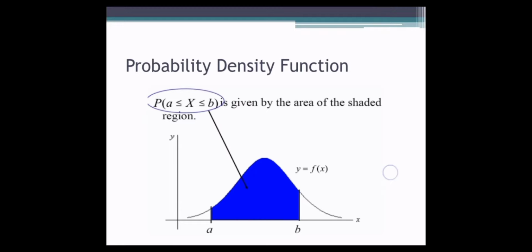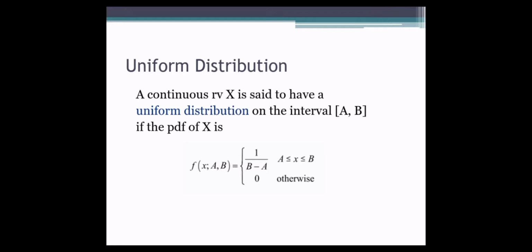Next, the uniform distribution. A continuous random variable x is said to have a uniform distribution on the interval a and b. So that means the probability of a less than or equal to x less than or equal to b is in the interval a and b.